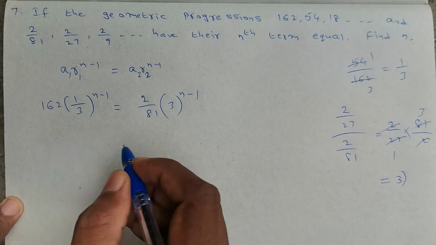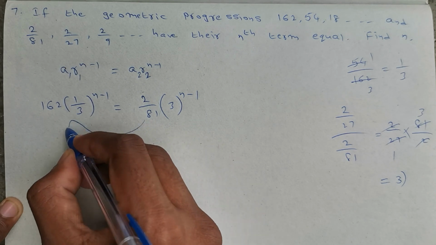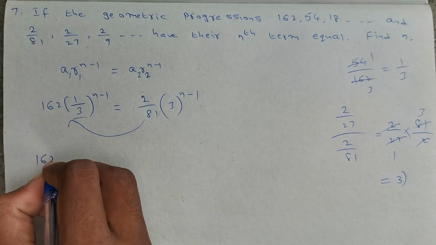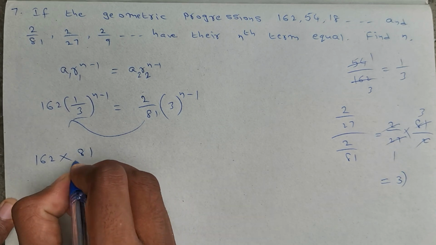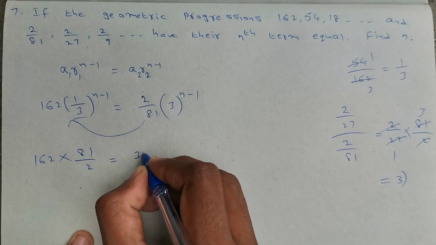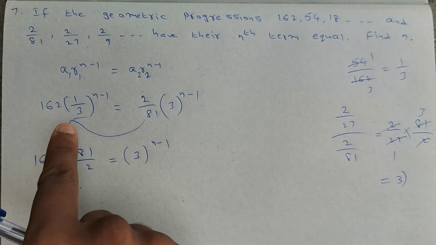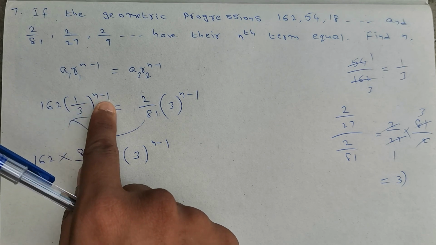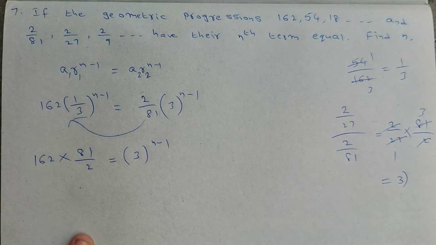Here this 2 by 81 I will take to the left side, 162 as it is. This 2 by 81 will become the reciprocal 81 by 2, which is equal to 3 power n minus 1 as it is. Now this 1 by 3 whole power n minus 1 is there. I will bring this to the right side.